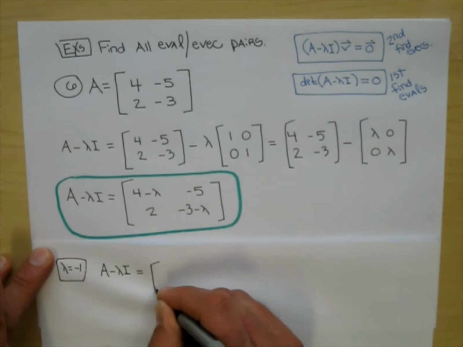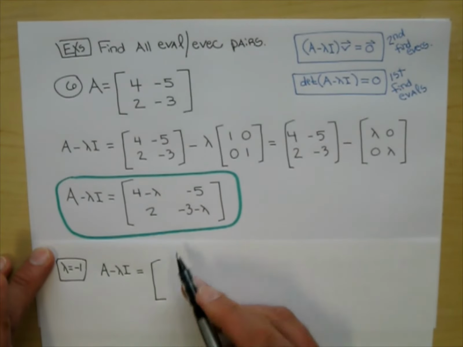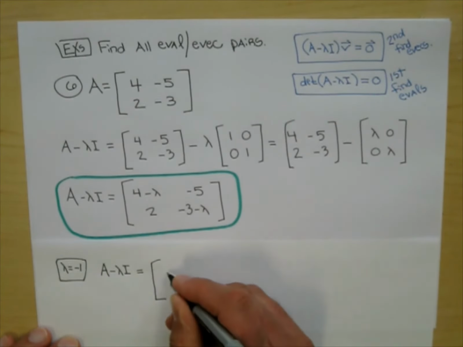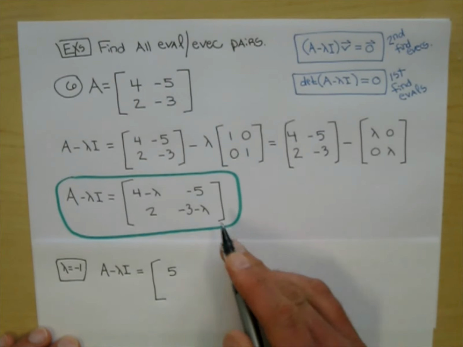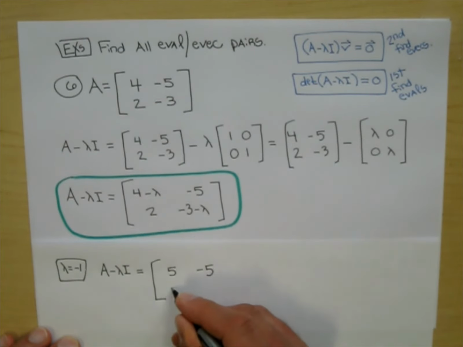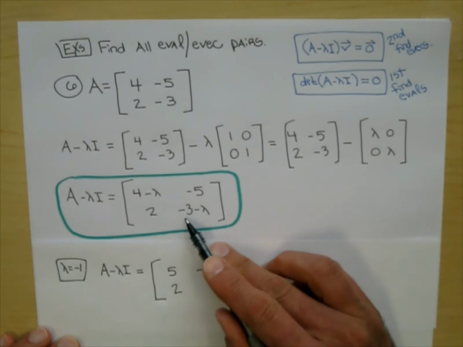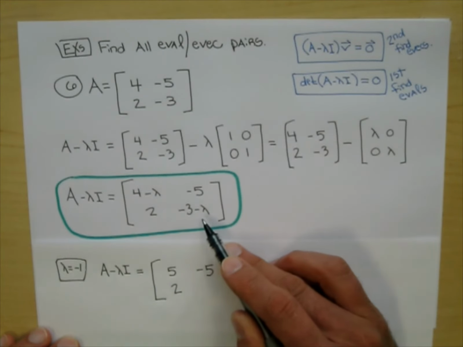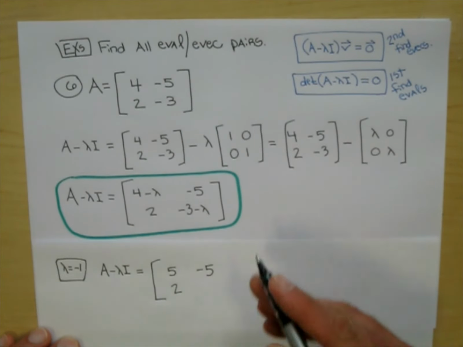So here it goes. I'm writing out this green matrix. Lambda is -1. So 4 minus a -1 is 5. And then I have a -5. And then 2. And then -3 minus a -1, so that gives me -2.